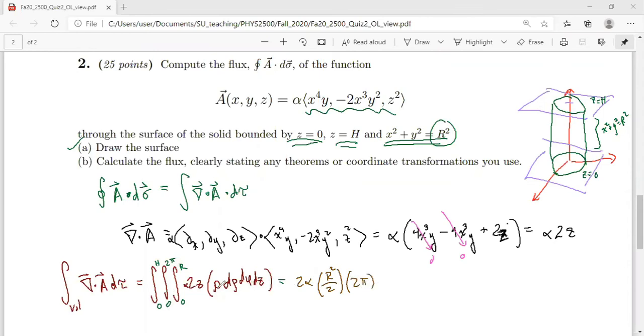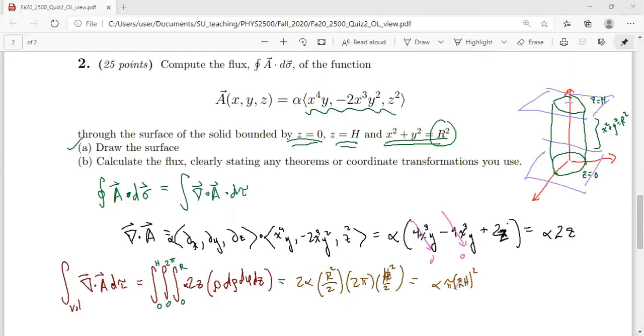That's 2 pi. And then the z integral, I get integral z dz evaluated at h and 0, so that's h squared over 2. And then overall what I should get is alpha pi (rh) quantity squared.